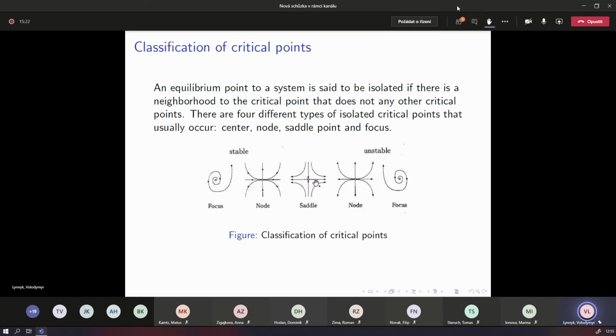If one eigenvalue is positive and one negative, it's an unstable kind of equilibrium point, a saddle.